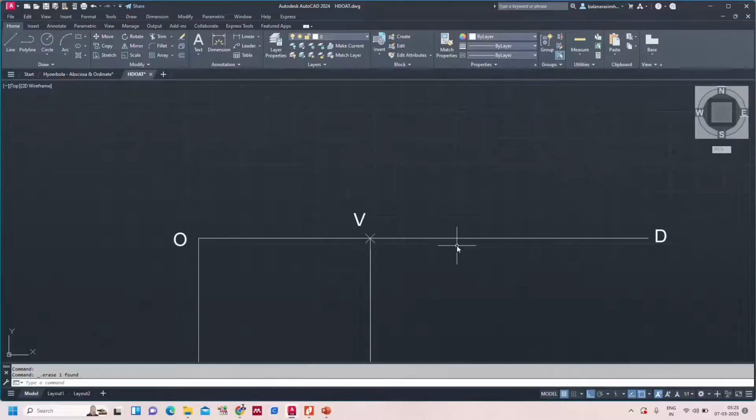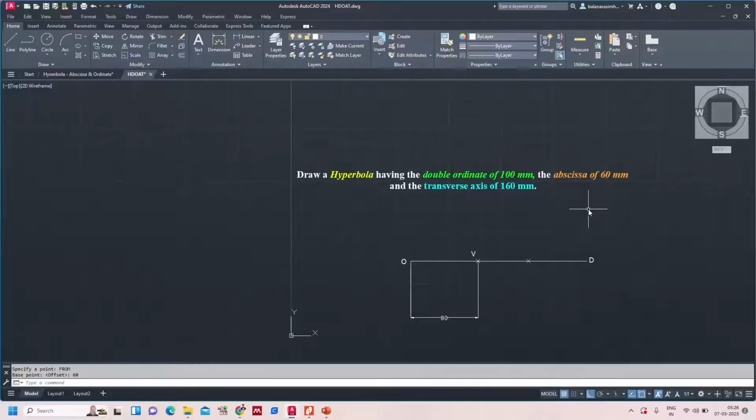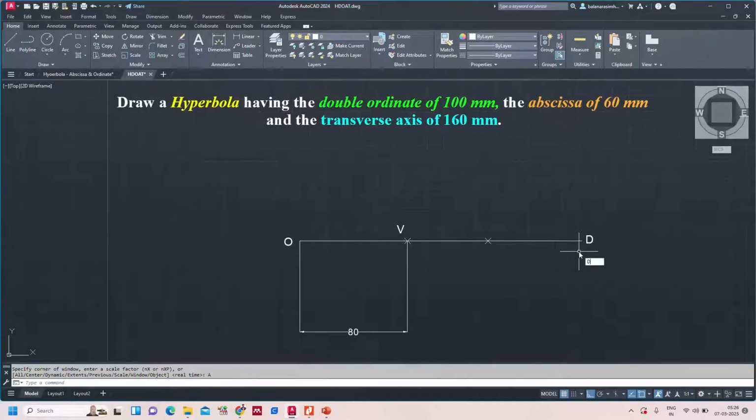It should be on the same line. Yeah, abscissa is 60. Let's check it out once again.